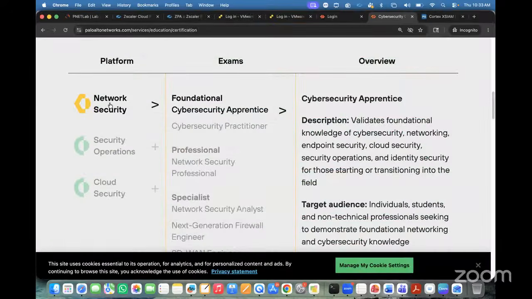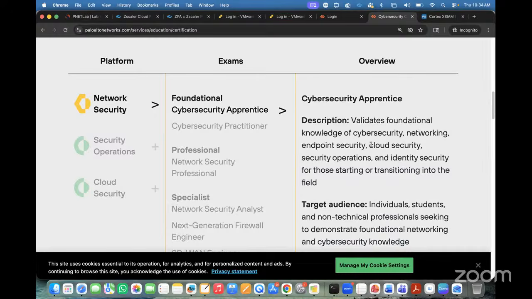So if you go for the network security, what is the prerequisite? If you go here, you have to do the cyber security apprentice exam and the cyber security practitioner exam. Focus on it. When I'm going into network security, it's not me, it's Palo Alto saying that you have to understand cyber security apprentice and cyber security practitioner and see what you have to validate.